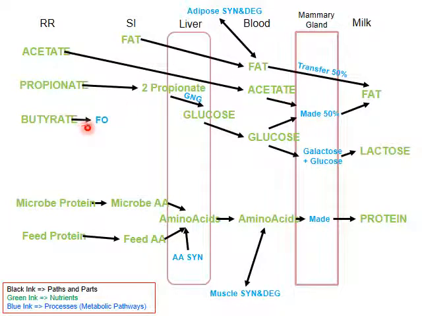Propionate, butyrate might also be involved in there. So acetate and butyrate, the even numbered 2 and 4, are used to make fatty acids. Those fatty acids are stuck to the glycerol, and that generates the triglyceride that is part of the milk fat.